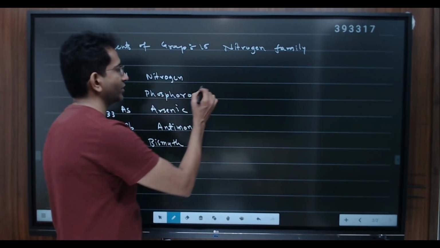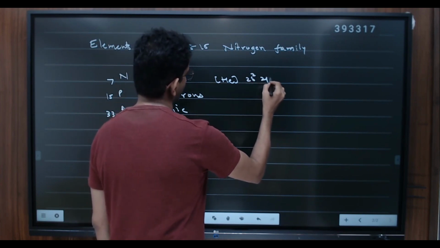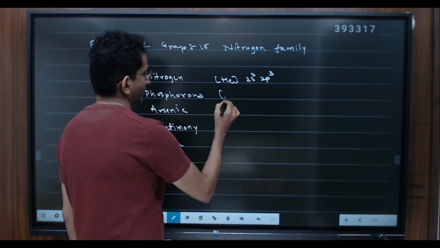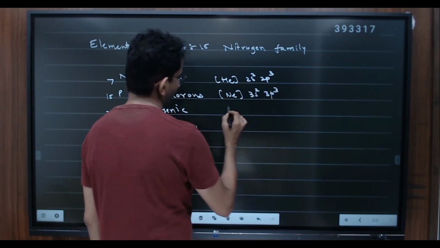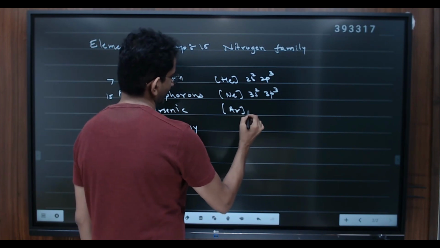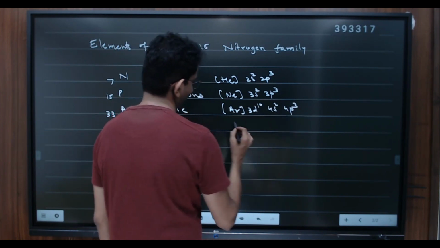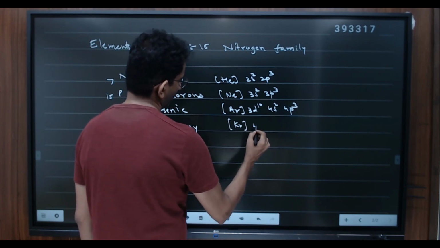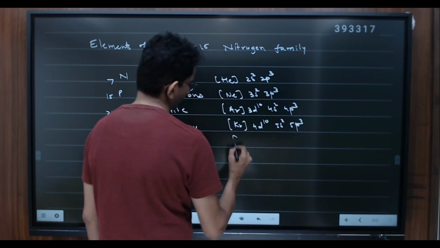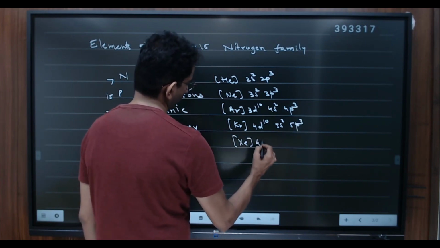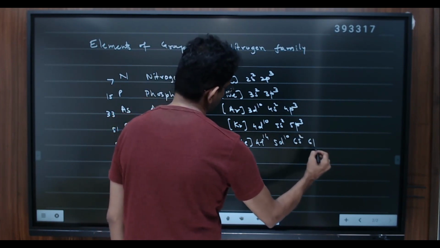Now if you focus on the electron configuration, helium 2s2 2p3, neon 3s2 3p3, argon 3d10 4s2 4p3, krypton 4d10 5s2 5p3, and finally xenon 4f14 5d10 6s2 6p3.